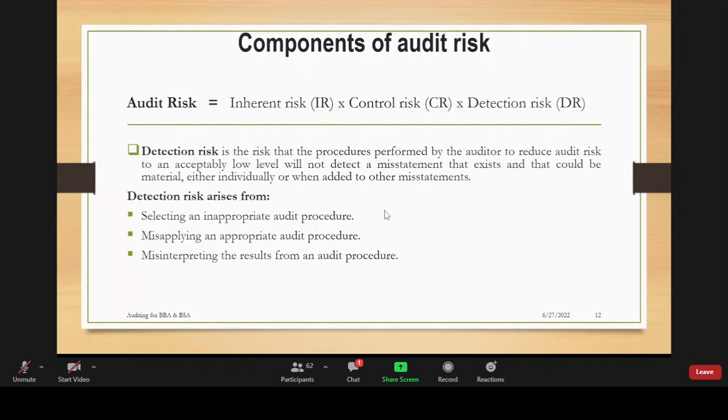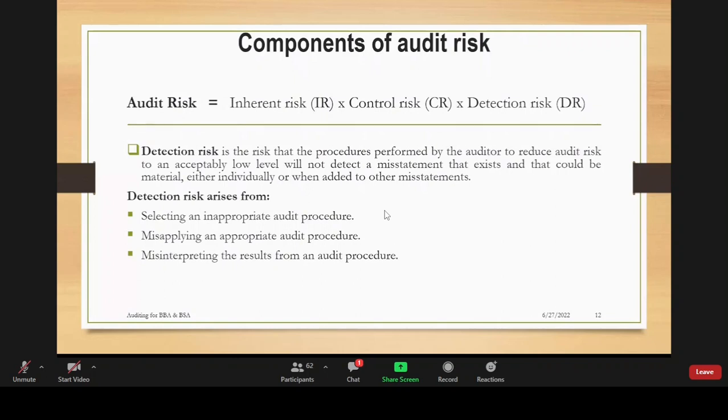And again, I'm emphasizing that audit risk is the risk that you issue an inappropriate audit opinion. It is a result of inherent risk, arising from the characteristics and nature of the business you're auditing; control risk, resulting from inefficient internal control systems; and detection risk, failure by the auditor to detect material misstatements.